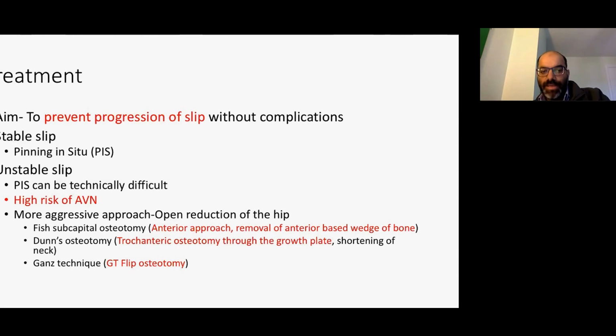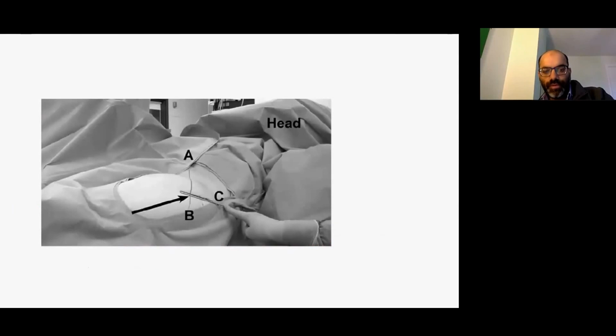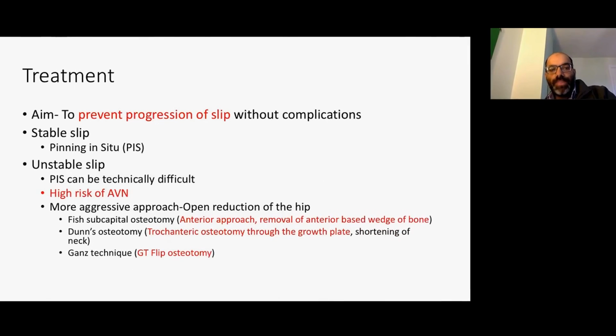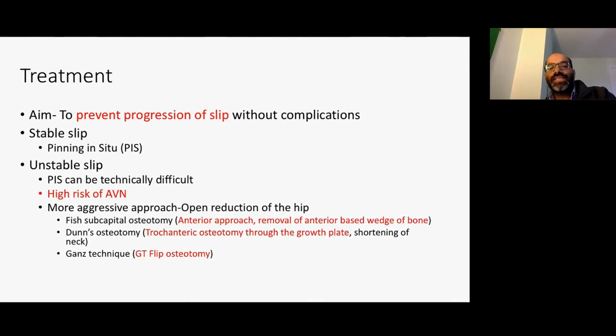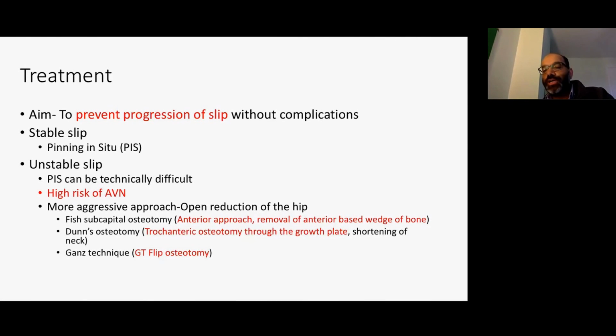The rest of them, I have not seen personally myself, but again, if you work at different centers, the most commonly done is the Dunn osteotomy. Now, pinning in situ is something where they can ask about the surgical technique as well.